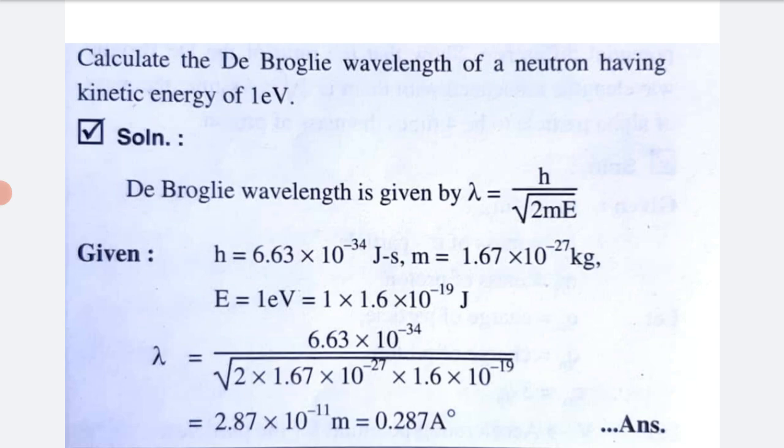We know all the values, h, m and E. Then lambda is equal to 6.63 into 10 raised to minus 34 upon under root 2 into 1.67 into 10 raised to minus 27 into 1.6 into 10 raised to minus 19. Then 2.87 into 10 raised to minus 11 meter, which is 0.287 degree angstrom.